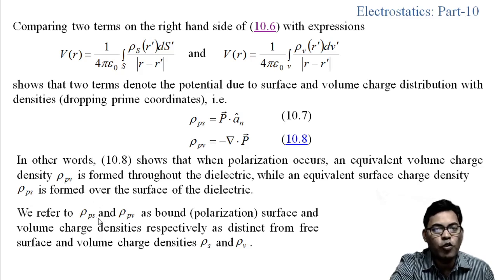We refer to rho ps and rho pv as bound surface and volume charge densities respectively, which are distinct from free surface and volume charge densities rho s and rho v.